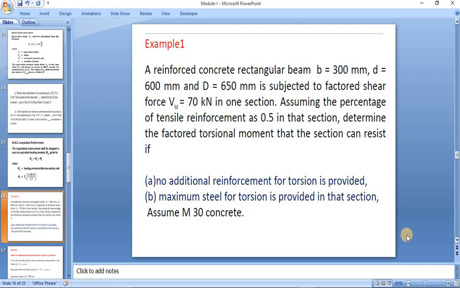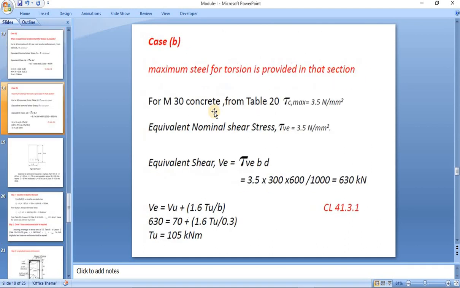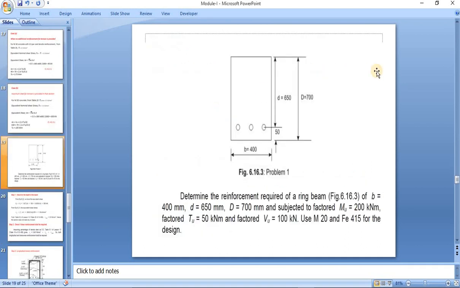Now in today's session we are going to discuss examples on the design of a beam when it is subjected to torsion. It is very simple. I am going to move with this example first. Determine the reinforcement requirement of a ring beam.